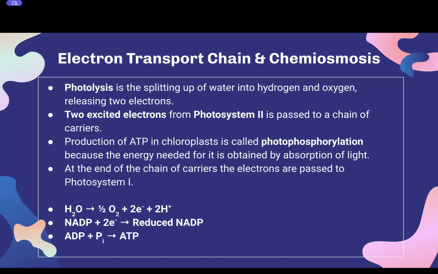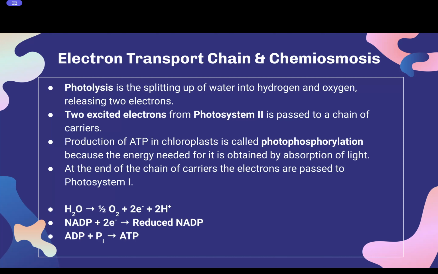The production of ATP is called photophosphorylation. We talked about oxidative phosphorylation, which happens because of oxidation. This happens because of the presence of photons. The energy that is used is obtained by the absorption of light. That's why it's called photophosphorylation.